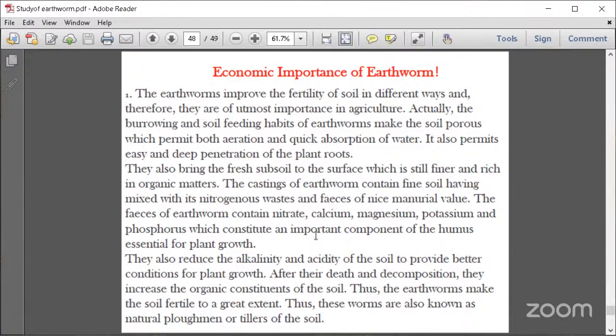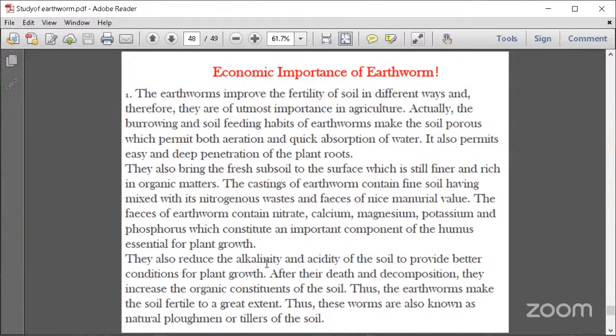The castings of earthworm contain fine soil, mixed with its nitrogenous waste and feces of a nice mineral value.